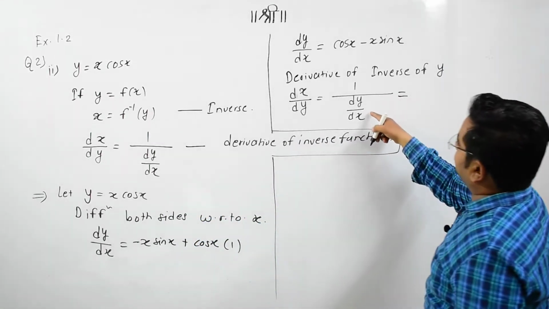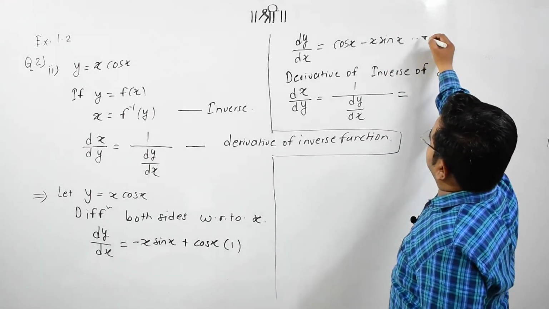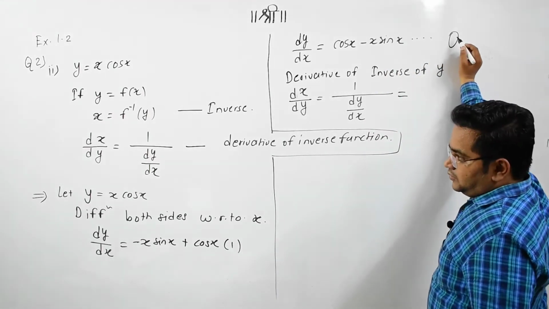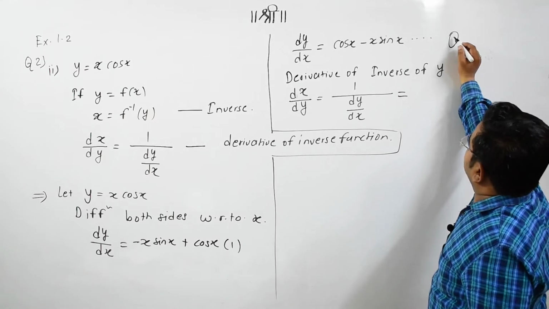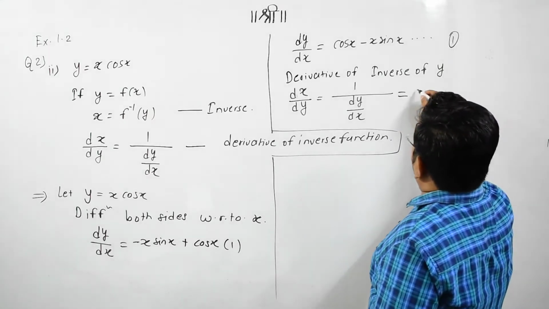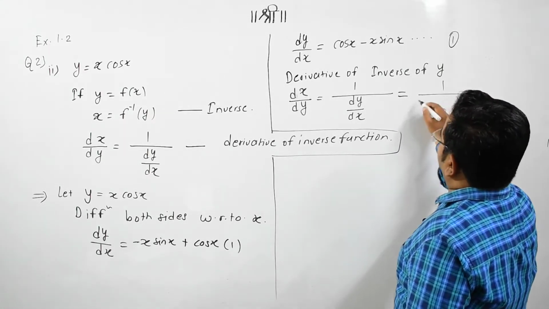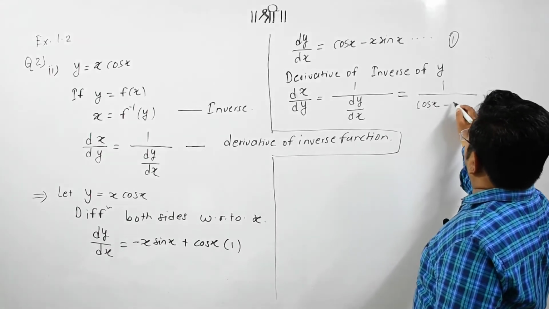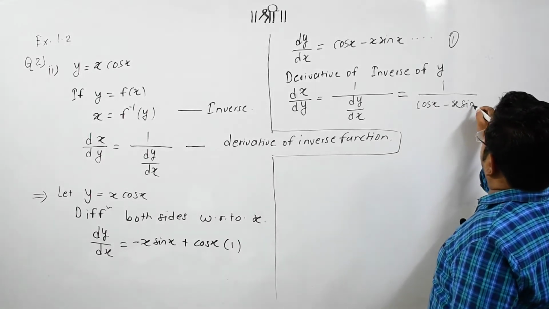Hence substitute the values from this equation. This is equation number, which one? 2 or 1? 1. So from equation number 1, what we are getting is 1 upon cos of x minus x sin of x.